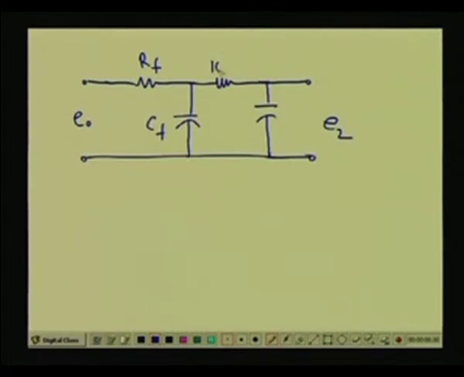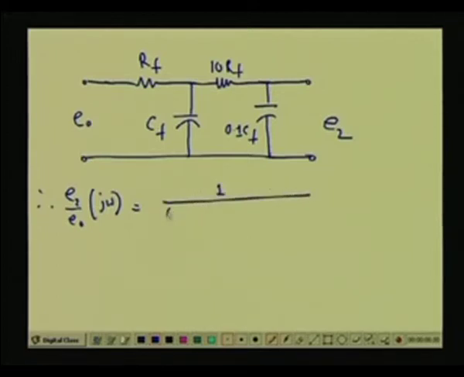So, this is 10 RF we have taken, and this is 0.1 CF. So, I can write E2 by EO of j omega is equal to 1 upon j omega RF CF plus 1 whole square, right.